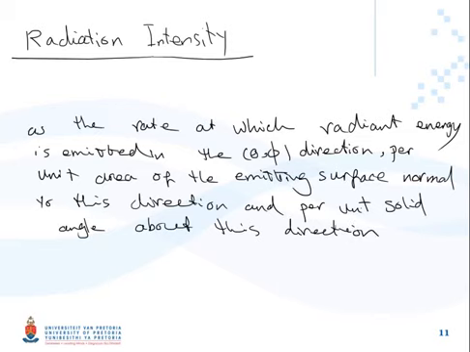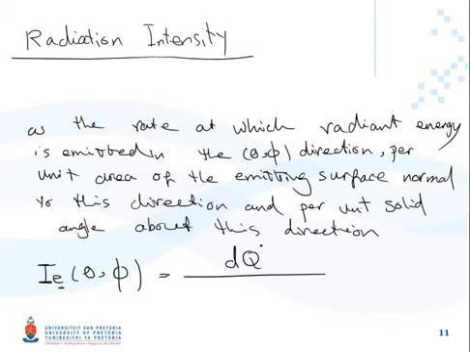Okay, if we want to translate this paragraph into one mathematical correlation, we can say that the intensity of radiation phi, so emission, is equal to dq dot E divided by cosine theta, unit area of the emitting surface normal to the direction, per unit solid angle about that direction.